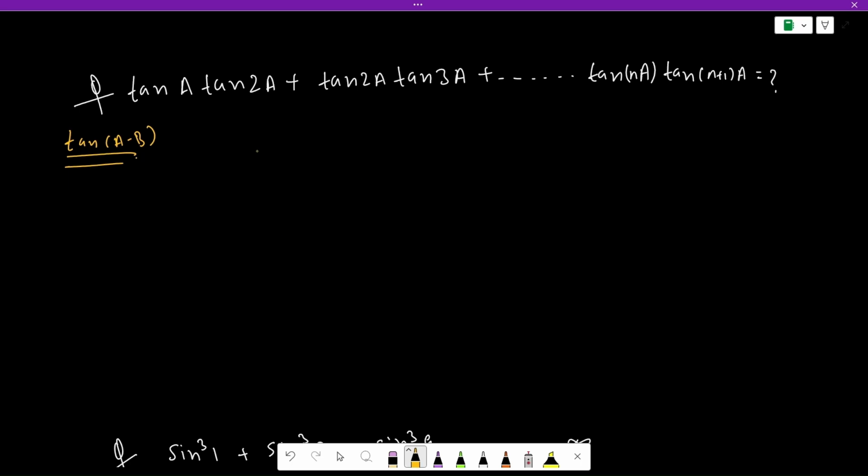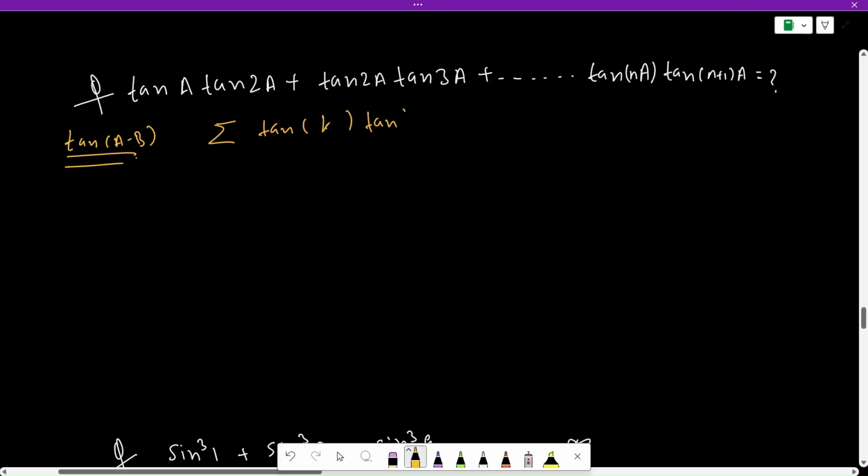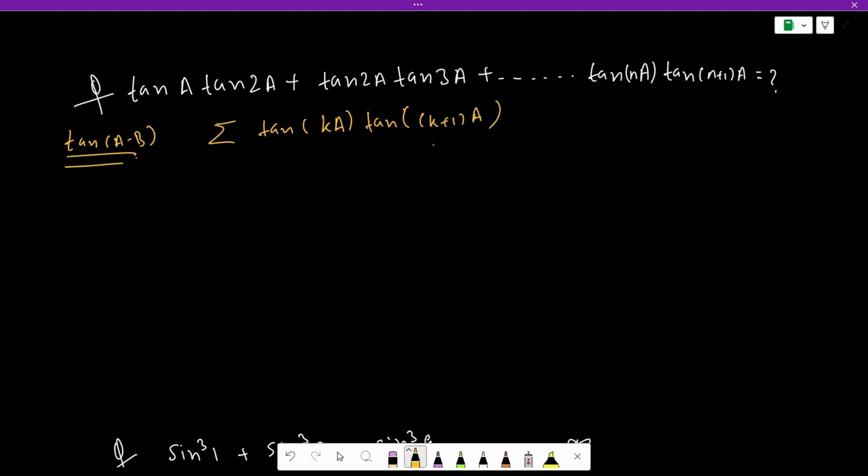So first of all, let's write it in the summation form. So this is summation tan na. Okay, let's change the variable. Tan ka and tan (k plus 1)a, and limits are from 1 to n.